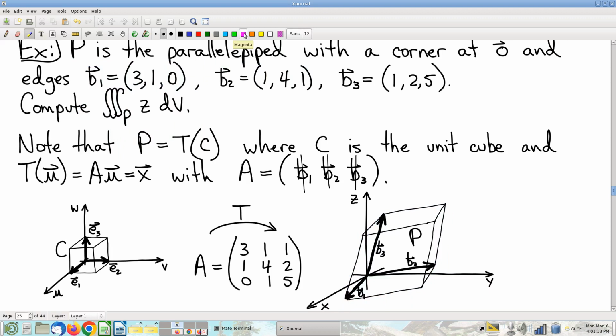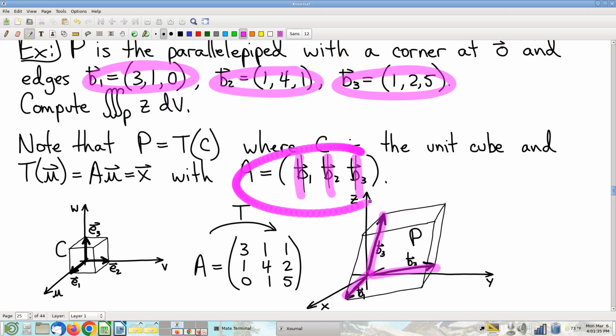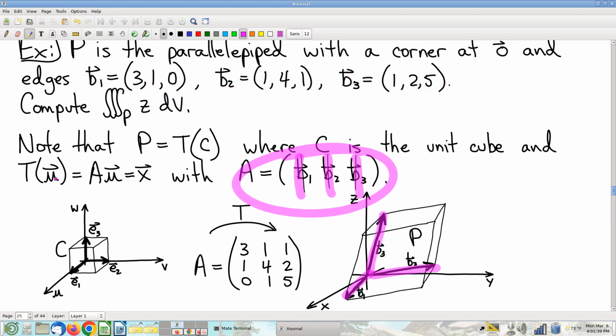Very clever idea. I wish I thought of it. Okay, so these vectors are the edge vectors for your parallelepiped. Slick move: make those the columns of a matrix, and use that matrix to define your linear transformation. That's it.